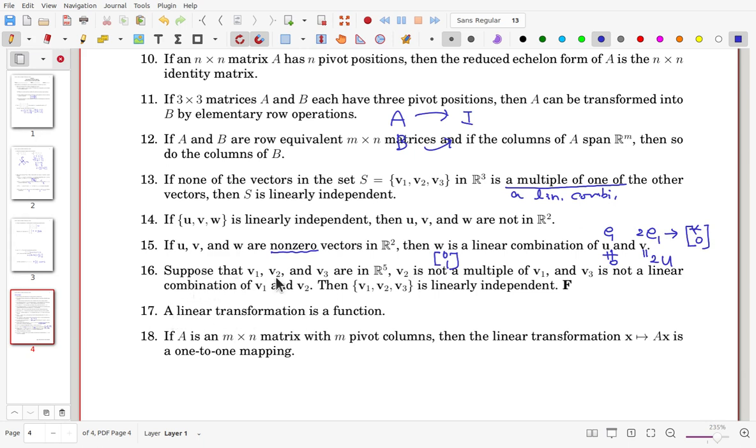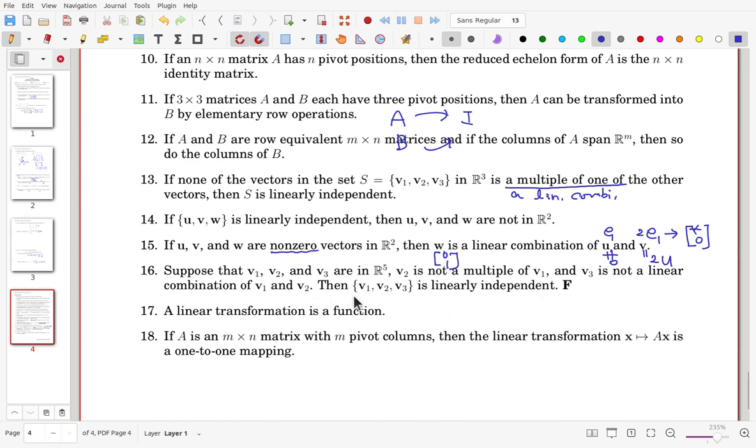Suppose that these three vectors are in R5, v2 is not a multiple of v1, v3 is not a linear combination of v1 and v2, then it is linearly independent. The answer for this one is false. But in the reference book, the answer is yes, so we'll deal with this one.